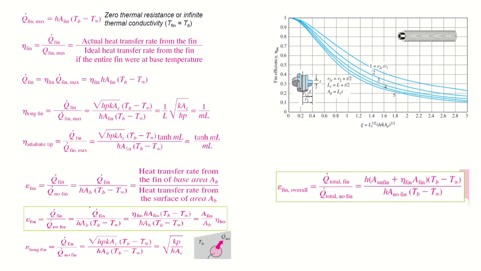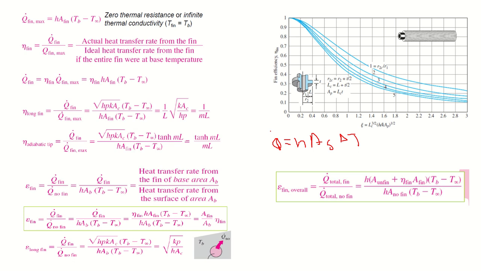Here I have put some equations which we might require while we are doing the next question. So what is a fin actually, or why do we use a fin? A fin is nothing but extra area, because as per Newton's law of cooling, Q dot is equal to h As delta T. To increase heat transfer, either we need to increase h or As.